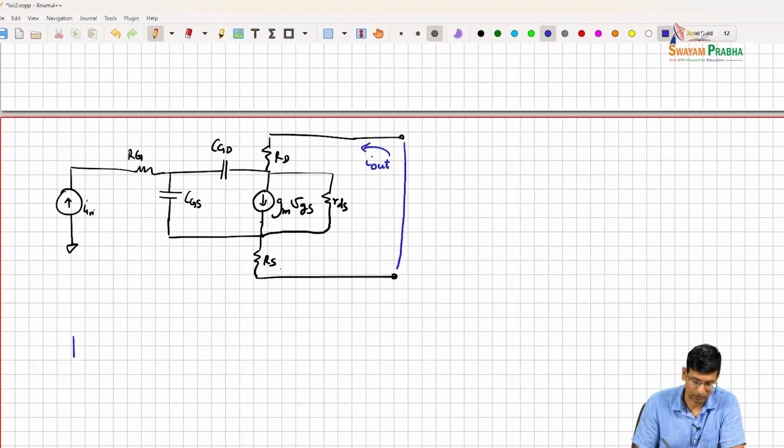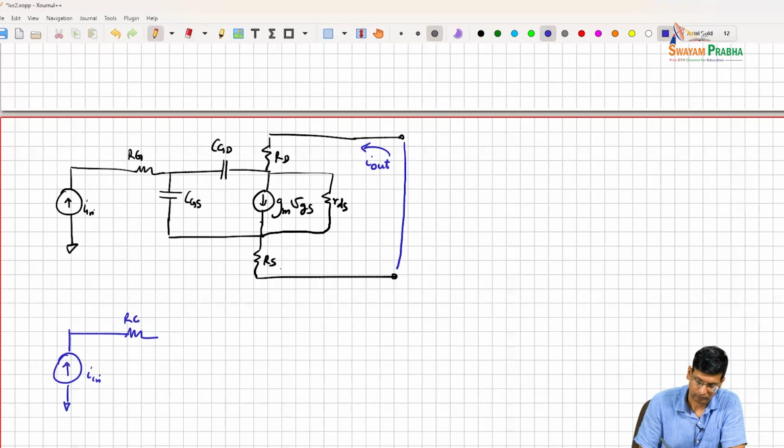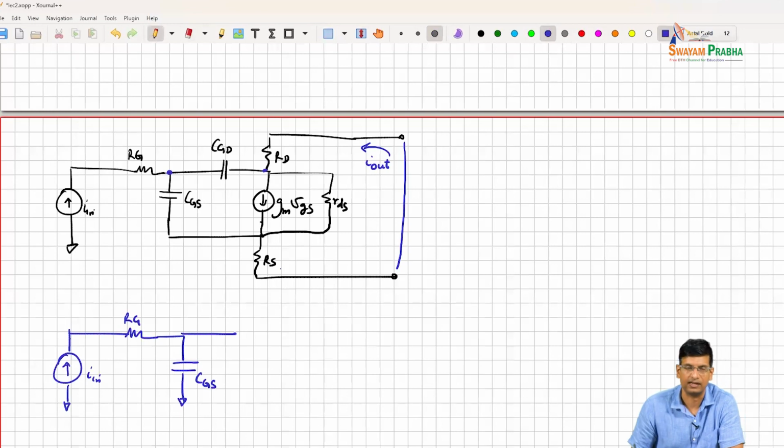I'm not 100% sure how to do that, so I'll just rewrite it. I'll make some approximations along the way. I'll say that this CGS goes to ground. I know that this terminal and this terminal of CGD are connected through RD and RS, but that's still somewhat small. So I'm going to call this the approximate network.